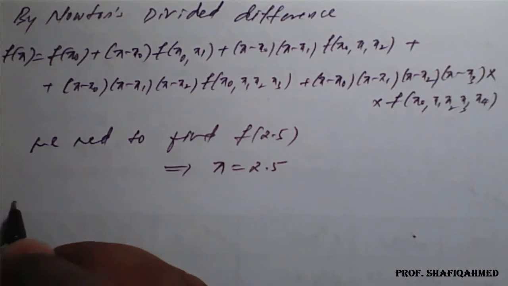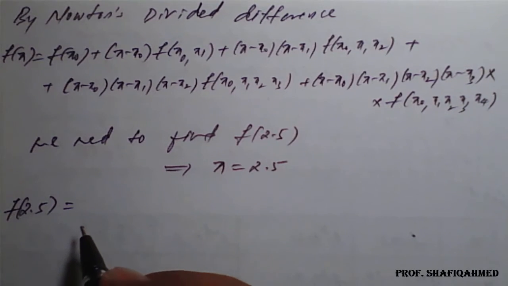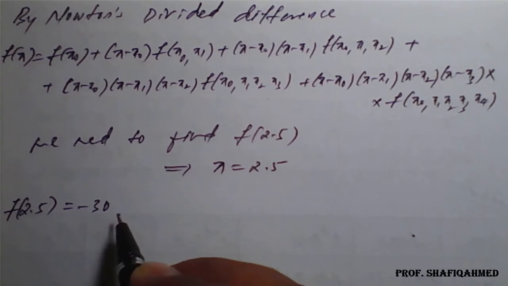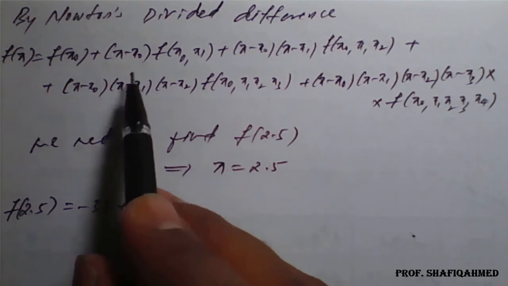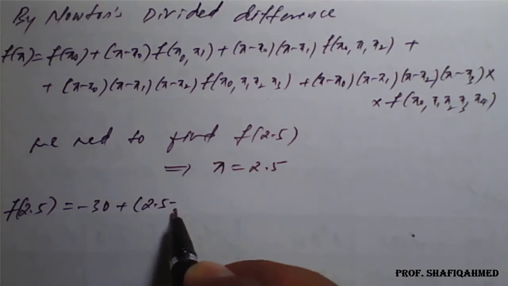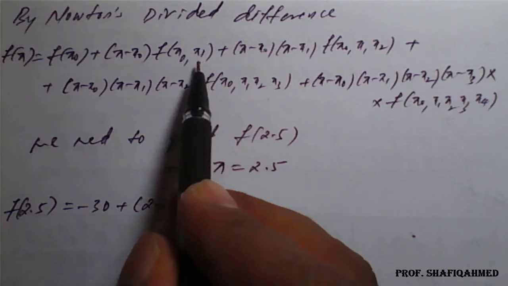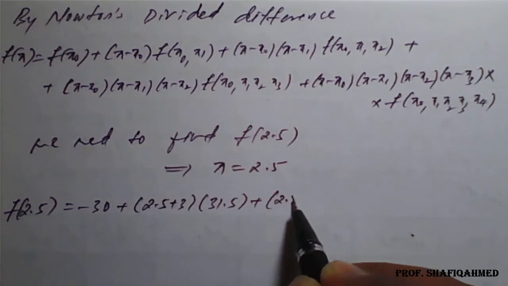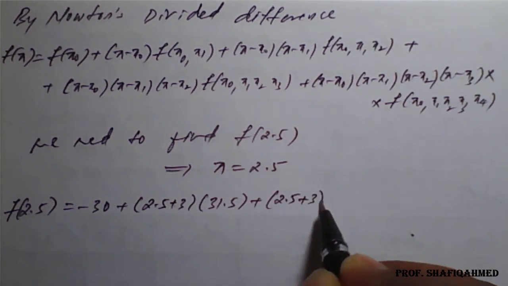So from the table if you apply directly, f of 2.5 is equal to f of x0 value. f of x0 from the table is minus 30, plus x value 2.5 minus x0 value, from the table it is minus 3, it will become plus 3, into f of x0 comma x1, from the table it is 31.5, plus 2.5 minus x0 is minus 3, that is it will become plus 3.